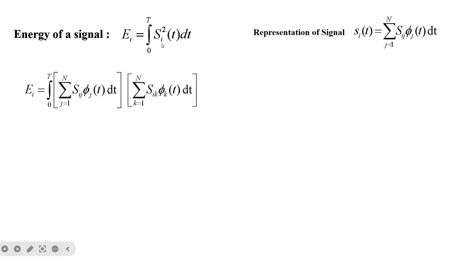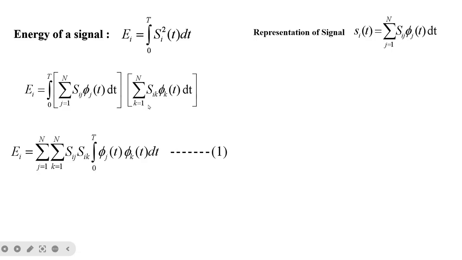Now, as here we have Si square, we need to write the summation two times, and in the first summation we have taken the index j, and in the second summation we have taken k. So we are using two different notations, that is, j is changed to k in the second equation. So we have taken two variables to represent the summation, that is j and k.